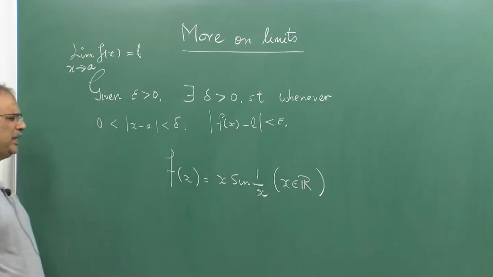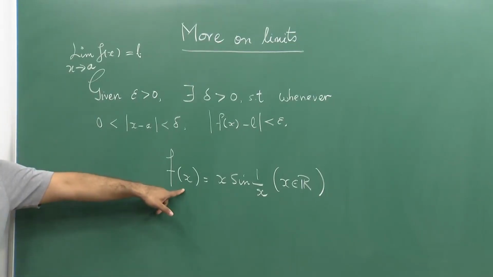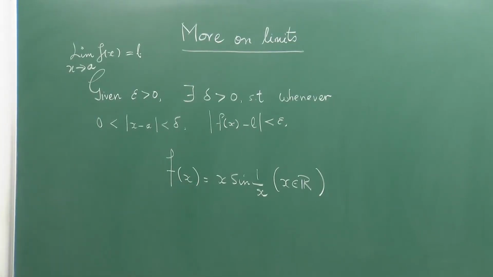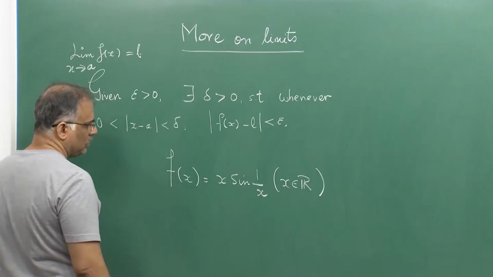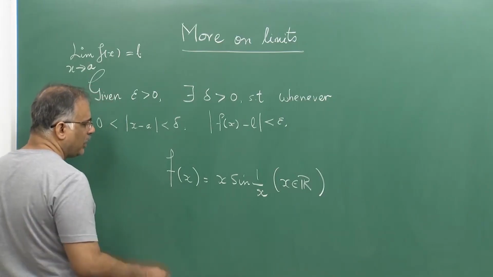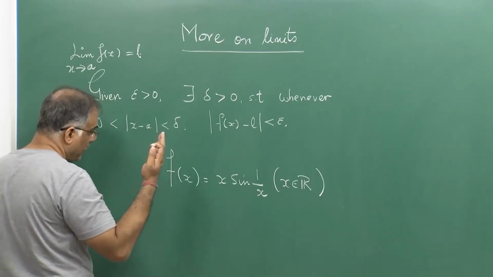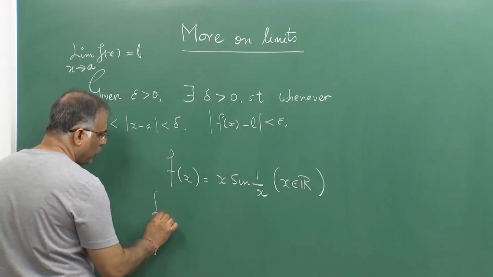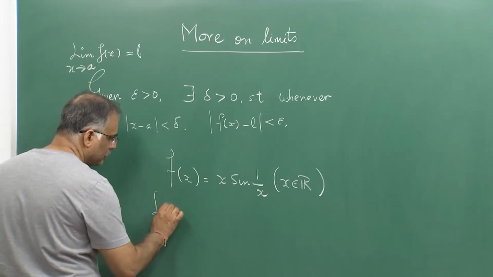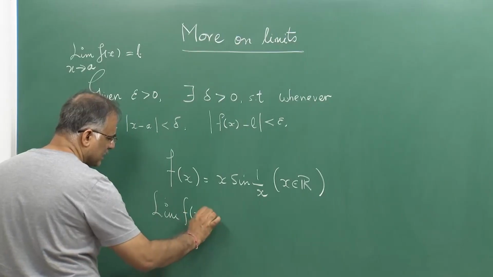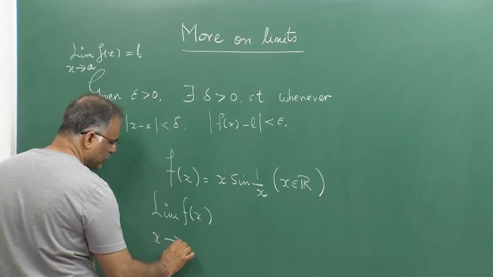Of course, you know that this function is not defined at x equal to 0, because 1 by x would blow up. So what would happen if I take the limit of f(x) as x tends to 0?